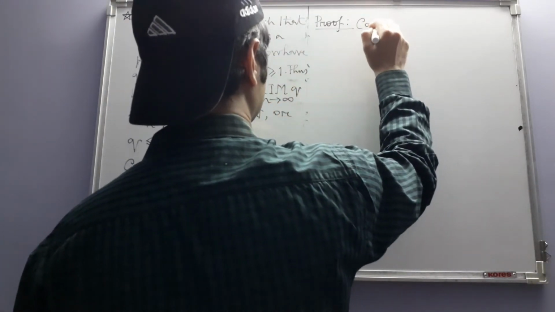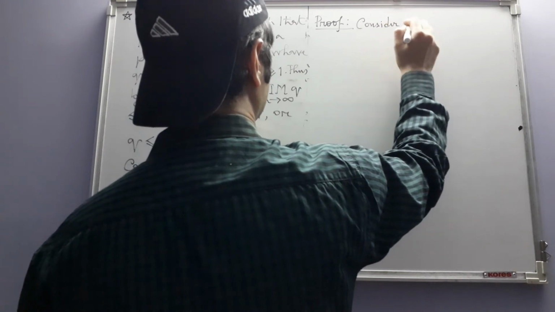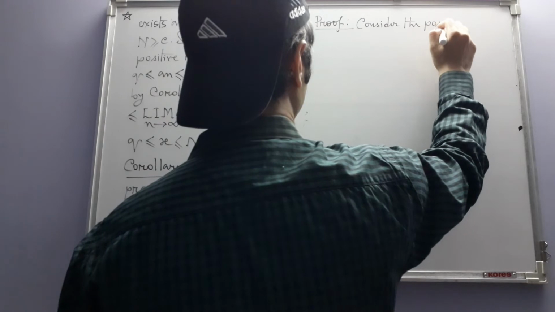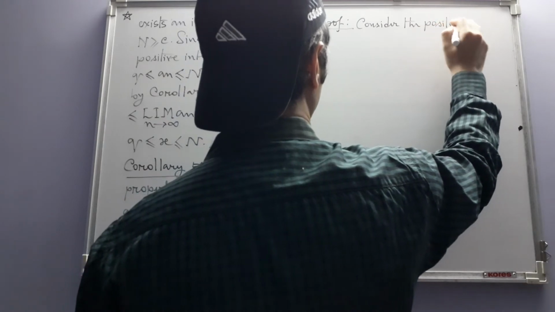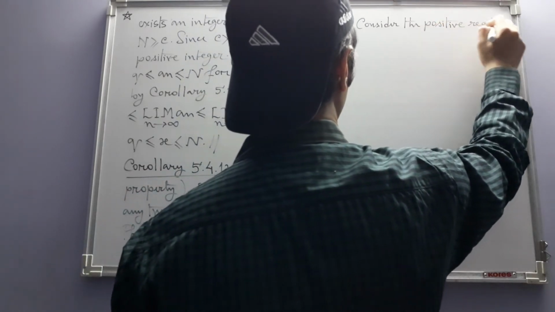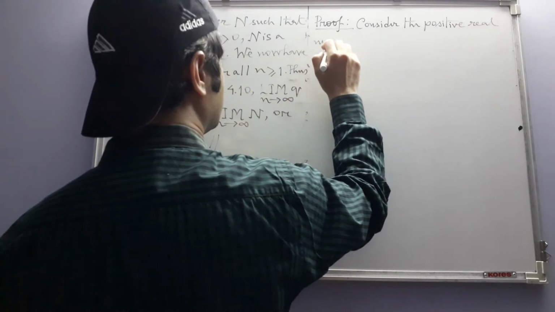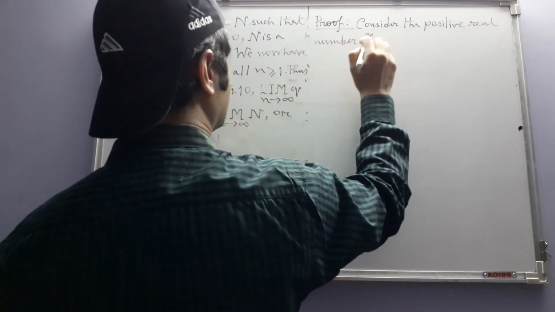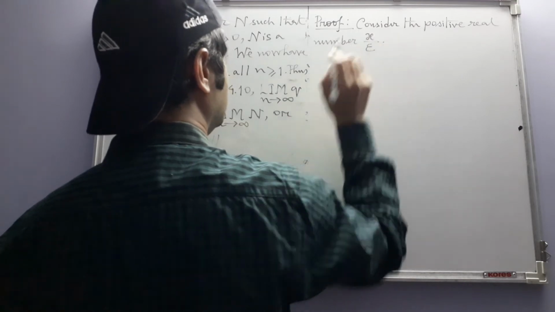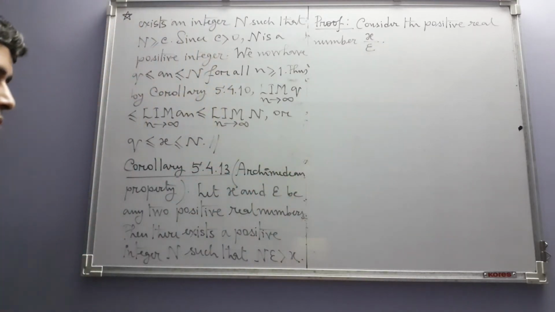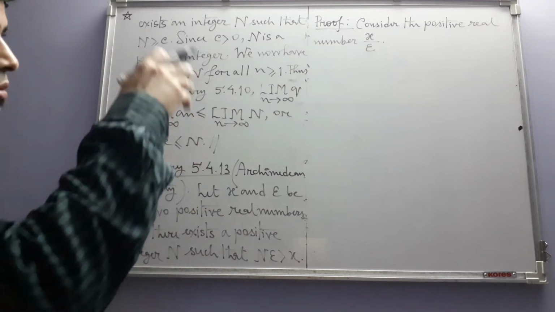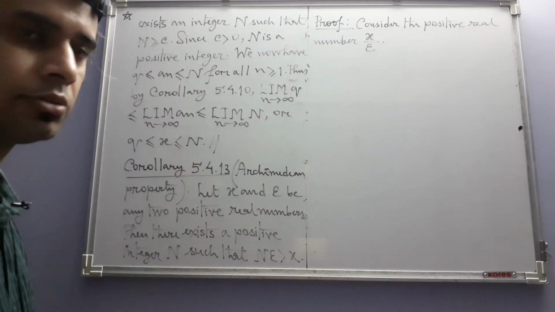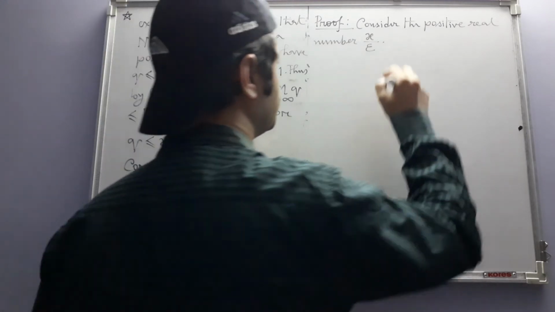Consider the positive real number x divided by epsilon, because x and epsilon are both positive, their ratio, their quotient x divided by epsilon will also be positive.